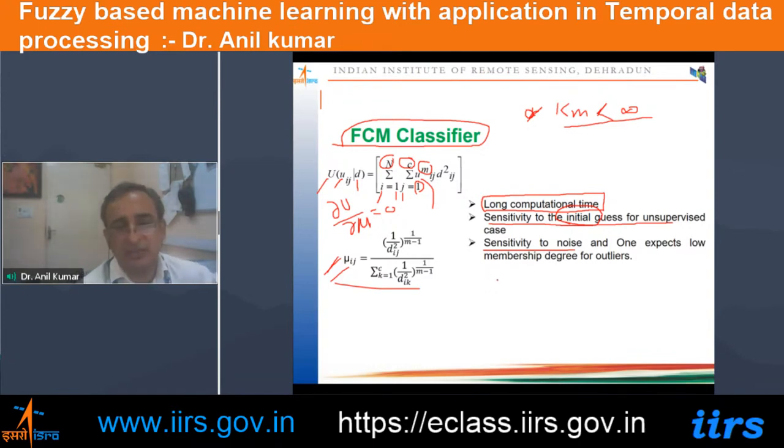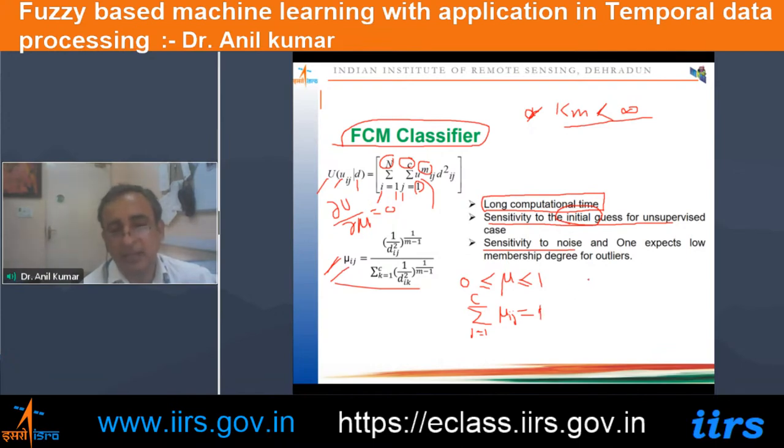The first constraint says the mu value, the membership value, should be more than or equal to 0 and less than or equal to 1. That's the first constraint. The second constraint follows the probability rule: the summation over j equal to 1 to C of mu ij should be 1.